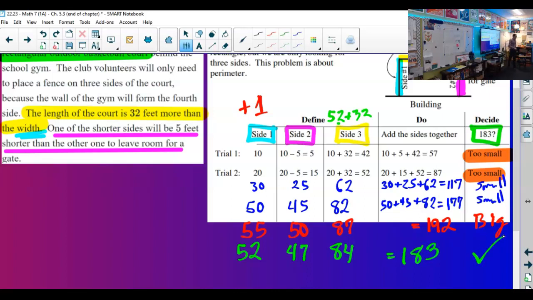Nice. 52 gets us there. It uses every single foot of fencing.